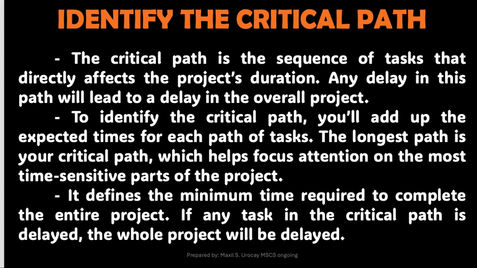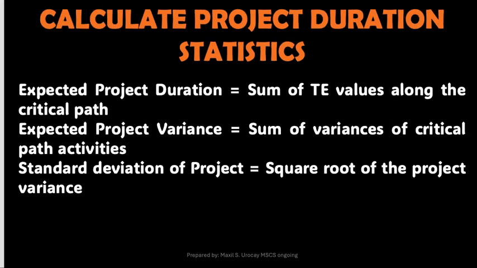It defines the minimum time required to complete the entire project. If any task on the critical path is delayed, the whole project will be delayed as well. Since it is a step-by-step process, there will be specific calculations that we'll begin to deal with.